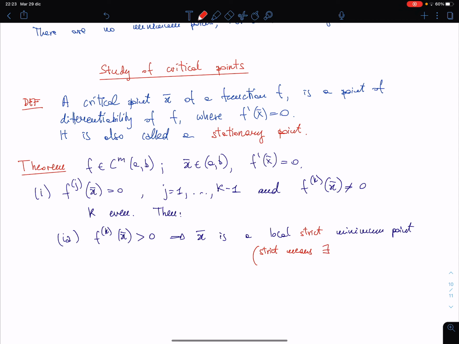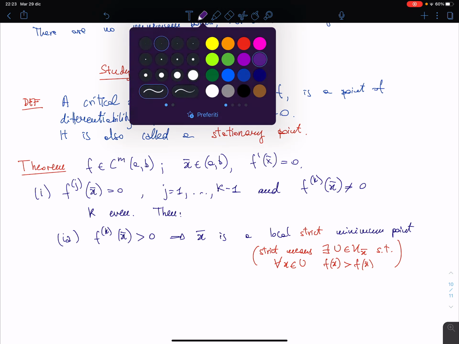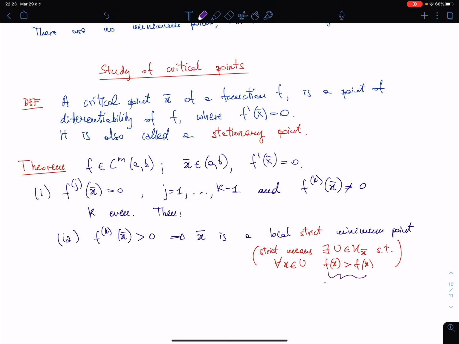Strict means that there exists a neighborhood U of x bar such that for every x in this neighborhood, we have that f of x is strictly larger than f of x bar. This is why one says strict. Strictly larger.